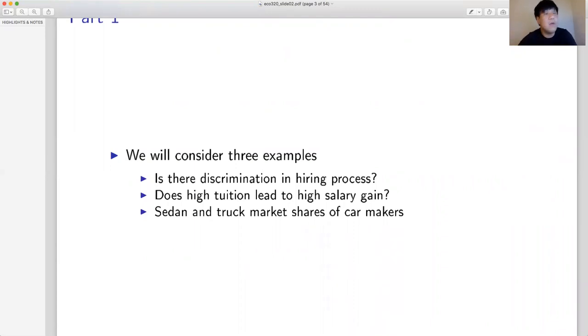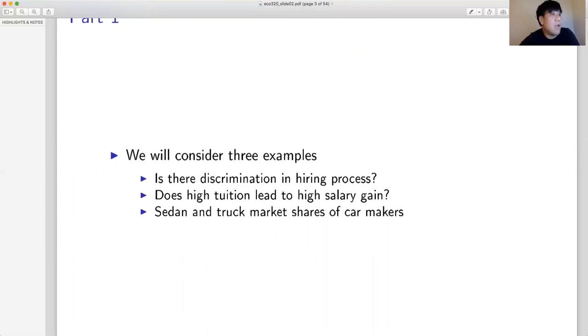For example, man versus woman. If they apply for the same position, the probability of getting accepted might be different or not. If there are some differences, that means there is some discrimination. The second question is, does high tuition lead to high salary gain?